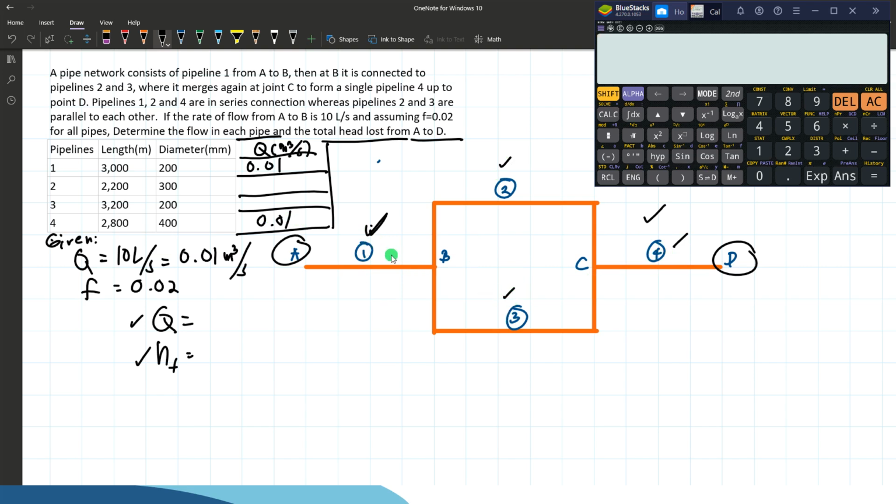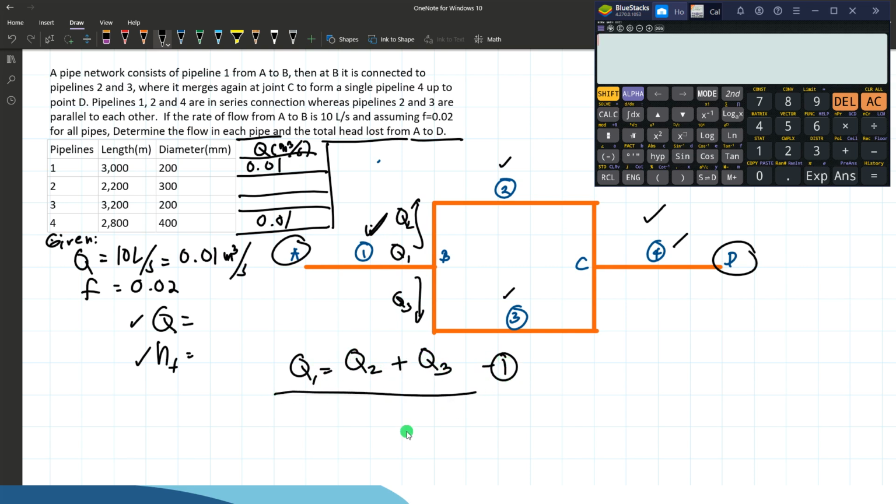So the discharge at pipe number 1 is distributed to pipe number 2 and pipe number 3. So Q1 is equal to the sum of their discharges. This is equation 1.